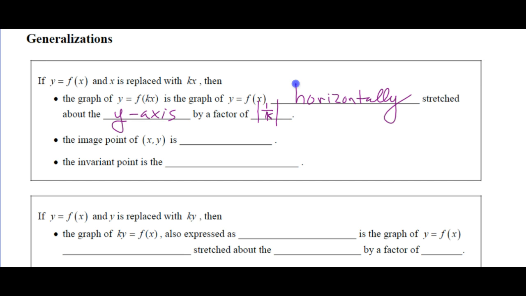In other words, the stretch depends only on the magnitude of the number in front of the x. If it's negative, then after we stretch, we'll do a reflection. Okay? It's a separate transformation.